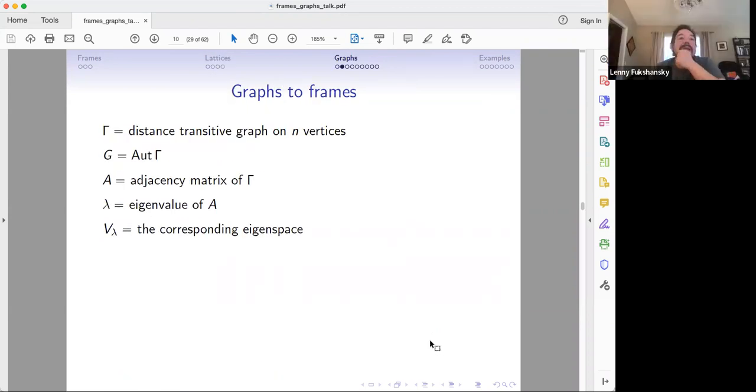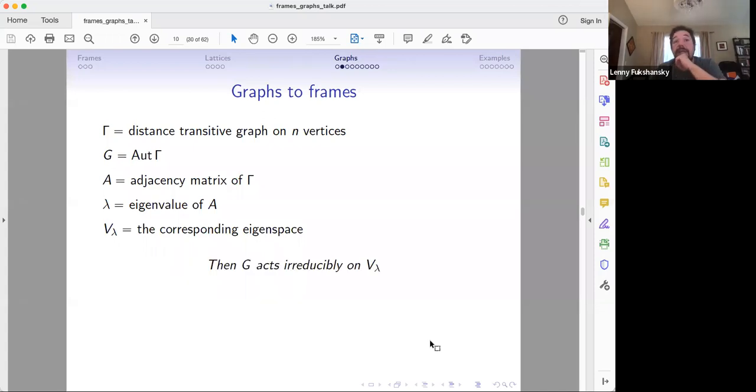Okay. So gamma is a distance transitive graph, G is its automorphism group, A is the adjacency matrix. Now, suppose lambda is an eigenvalue of A, and let me write V sub lambda for the corresponding eigenspace.